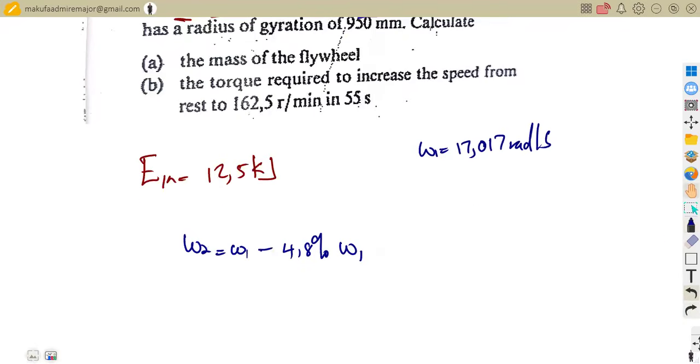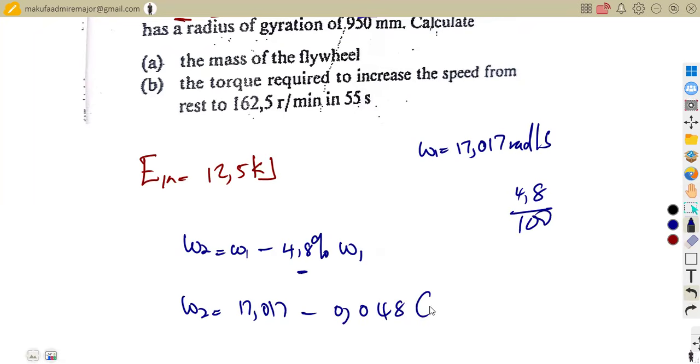So that simply means our omega 2 in rad per second is going to be 17.017 minus 4.8%. Guys, you're just going to divide by 100. That will be 0.048 times omega 1, 17.017. Just like that. This gives us 16.20018, which is our omega 2 in rad per second.